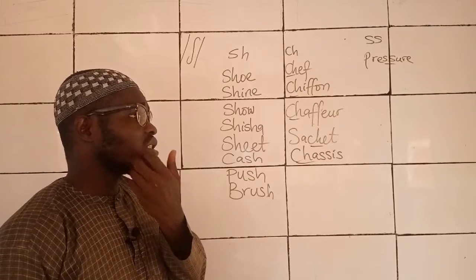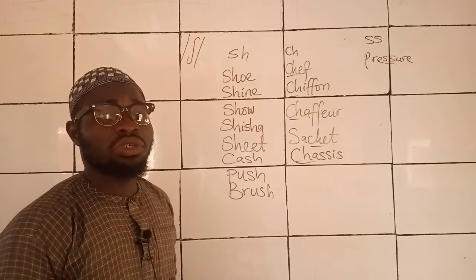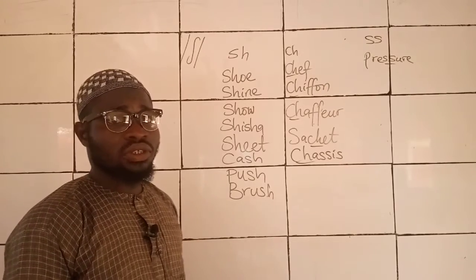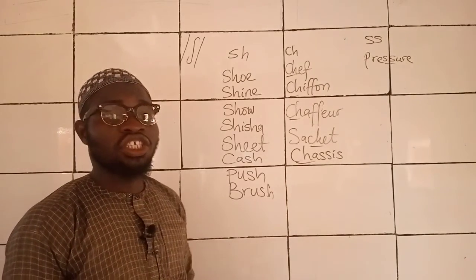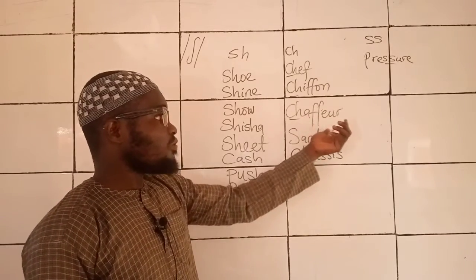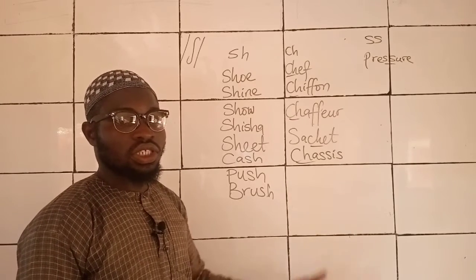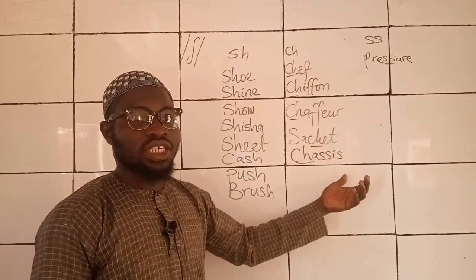French words already adopted in English with CH are to be pronounced as sh, because that's how the French pronounce it. So we don't say chef with a ch, we say shef. We say chiffon, chauffeur, sachet, and chassis, pronounced with sh.